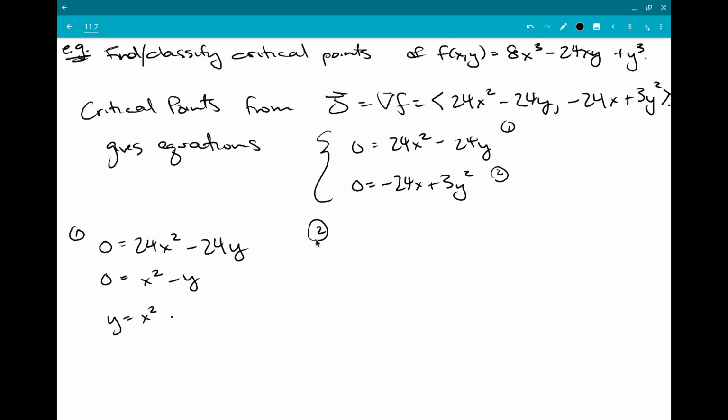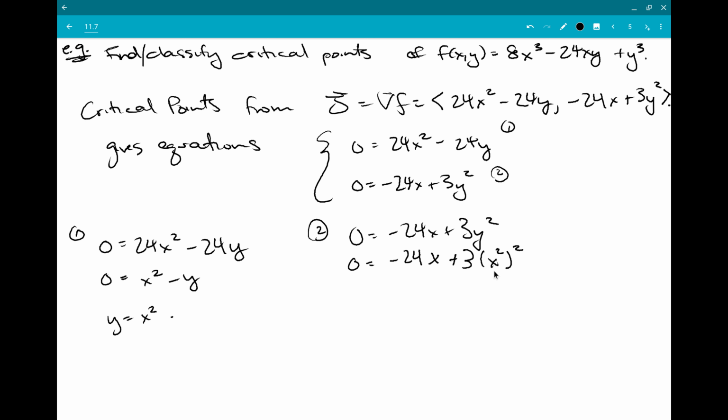And then I say, okay, I'm going back to my other equation. This is what it was. Minus 24x plus 3y squared equal to 0. And then I'm going to plug in what I found before, y equal x squared. Plus 3x squared squared.